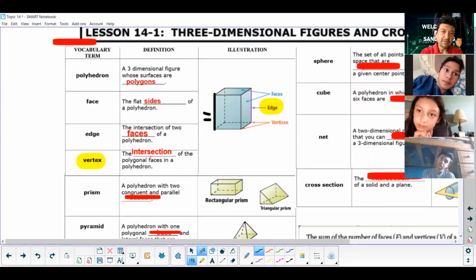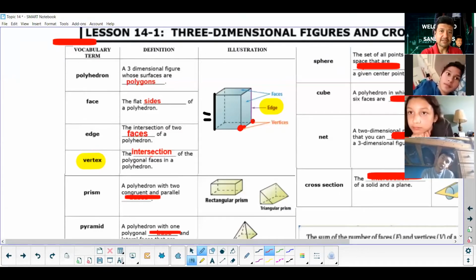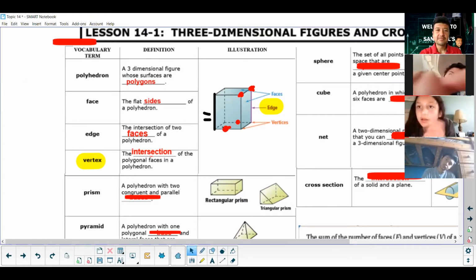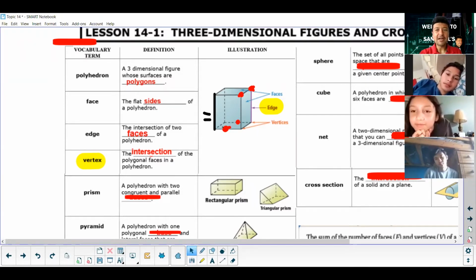Let me make it in red instead. There's a vertex, there's a vertex. Does everybody see where I'm making vertexes? Is this a vertex right here? No. Why not? Because it's not a point where the two faces meet. Yeah, exactly. The faces are not intersecting. Like this, the intersection ends have to be here.